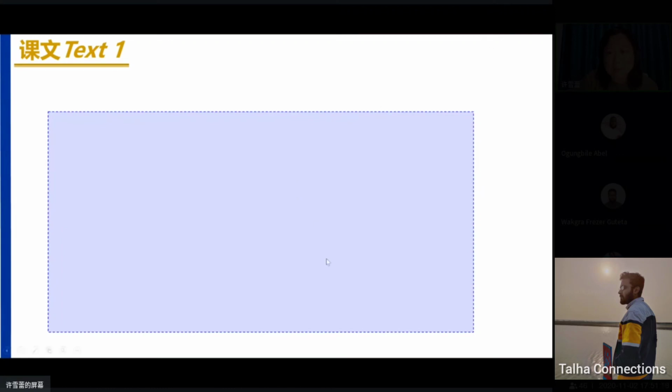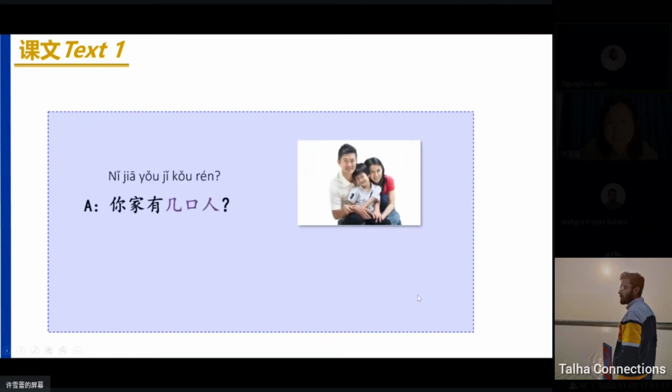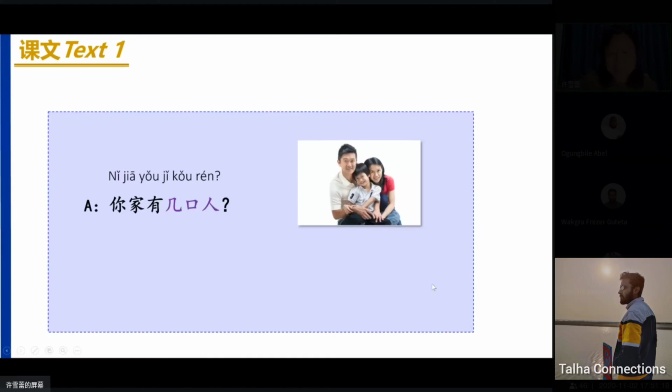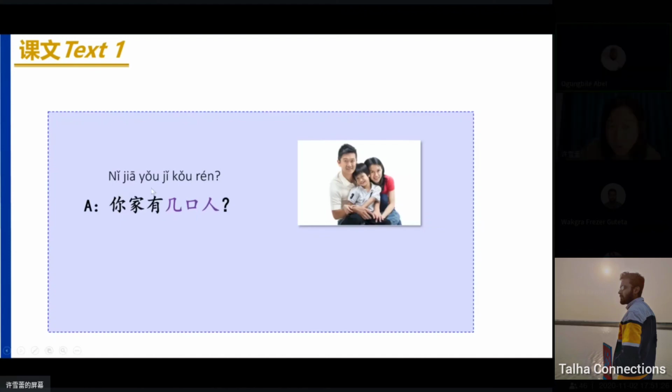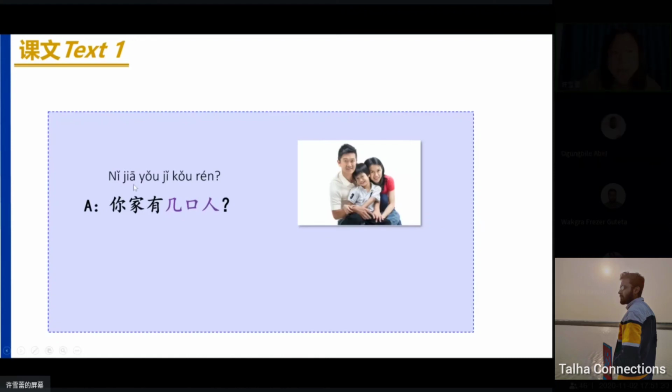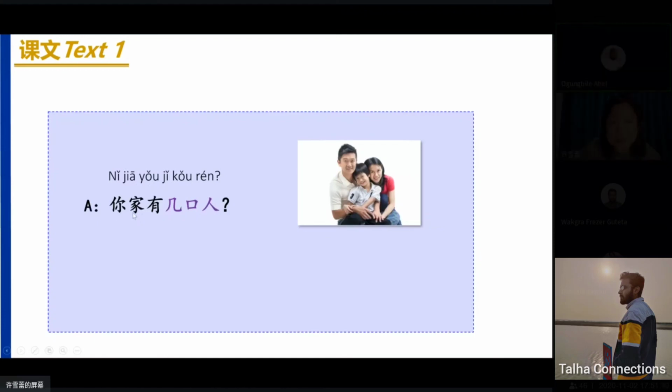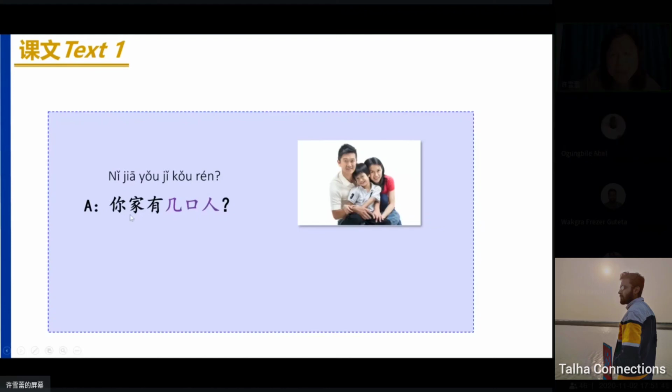Now let's turn to the dialogues. Now try reading it first. 你家有几口人？你家有几口人？你家 means your family.